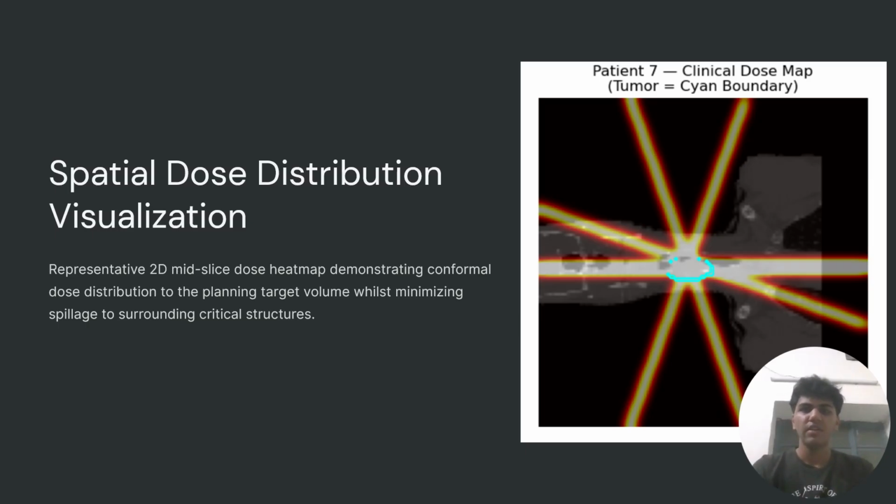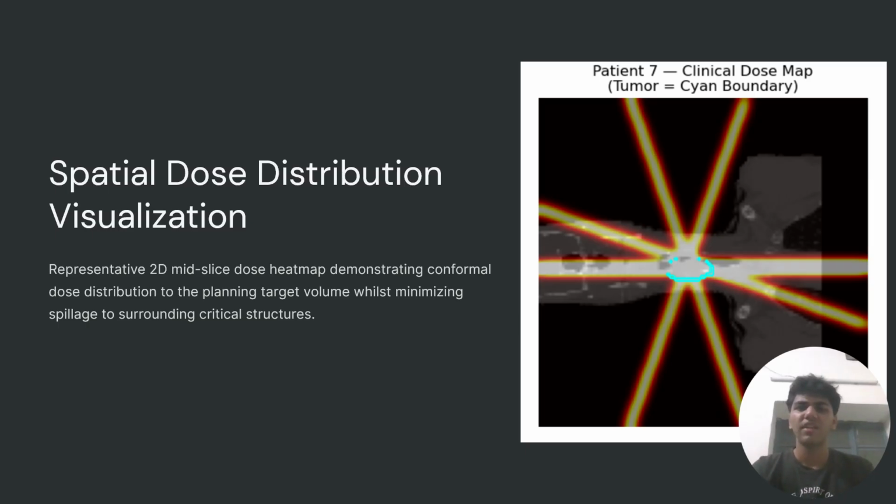So now what you're seeing is a spatial visualization of the dose distribution for one of the test patients. This is a mid-slice dose heat map overlaid on the patient's anatomy. The cyan contour line outlines the planning target volume, the PTV, or the tumor region. The bright color bands represent the paths chosen by the RL agent. Notice how the dose is concentrated precisely around the tumor boundary, forming a high dose region, while avoiding unnecessary dose spill into the OARs.